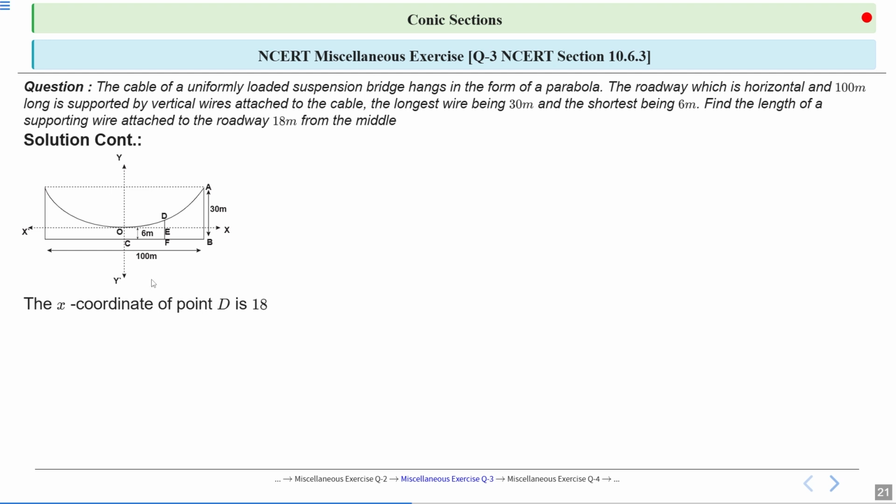The x coordinate of point D is 18. Hence, at x is equal to 18, 6 into 18 square is equal to 625y. And it implies y is equal to 6 into 18 upon 625. It implies y is equal to 3.11 approximately.